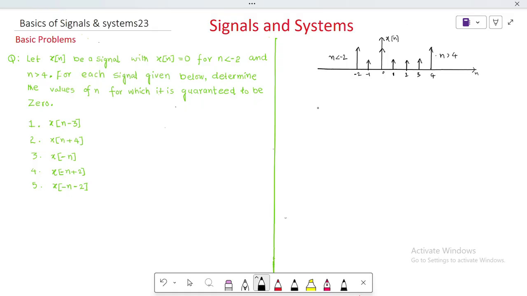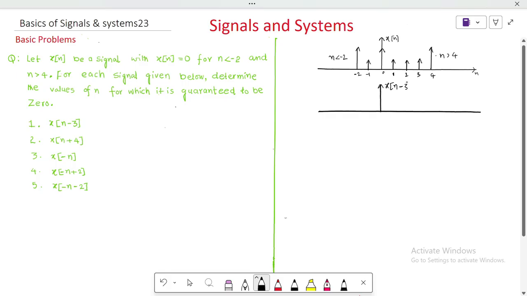Now I am going to draw x of n minus 3. That is the delayed signal of x of n by 3 units. To draw that, we need to shift x of n to the right side by 3 units. So this is x of n minus 3.